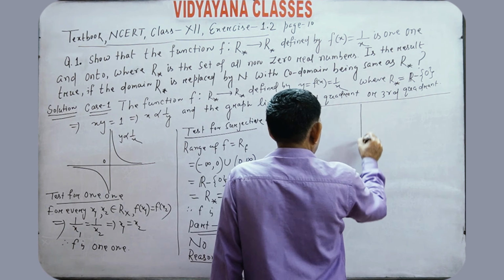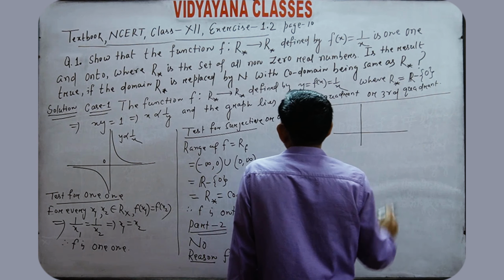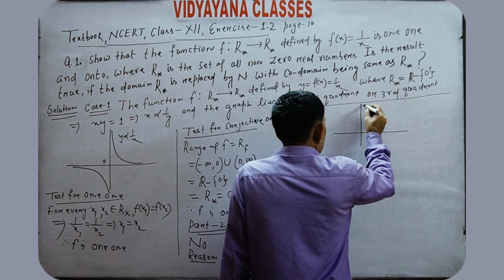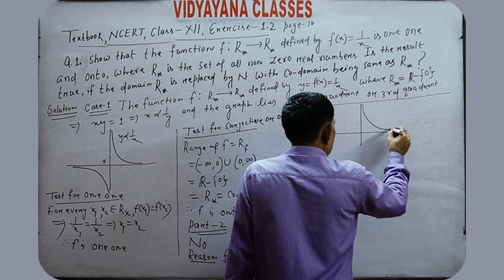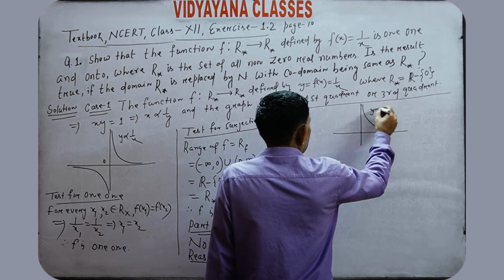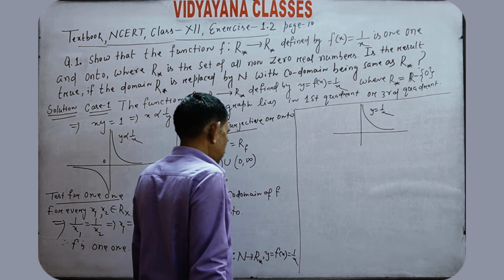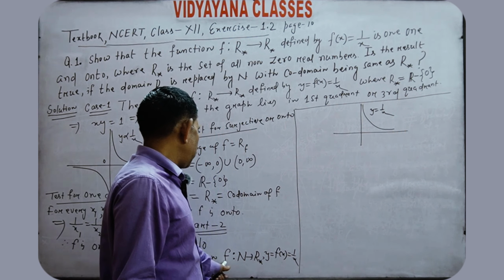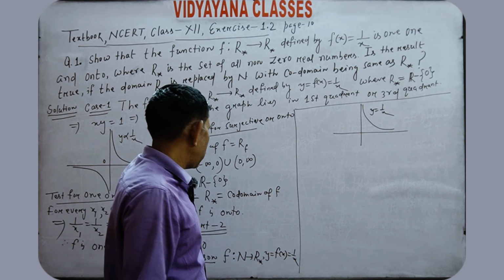The graph lies in the first quadrant. y is equal to 1 by x. f is the function from N to R star.